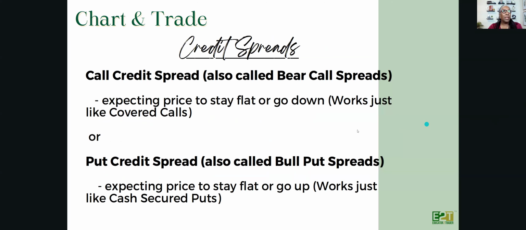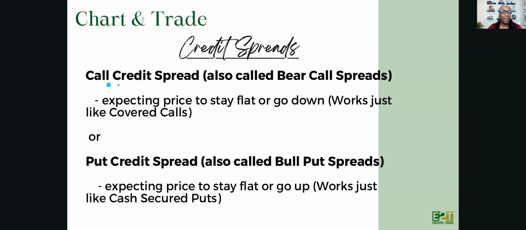But okay, let's talk about the 2 types of credit spreads. There are call credit spreads, which are also called bear call spreads. The bear being something that's going down, bear call spreads. This is a bearish strategy. It's a call credit spread. Many of you know, if you start talking about calls, you're believing the price is going to go up.